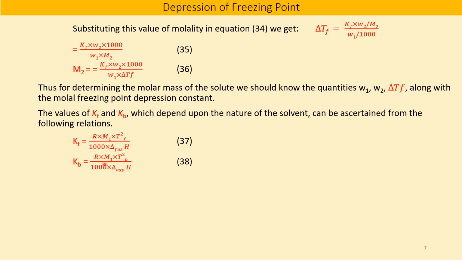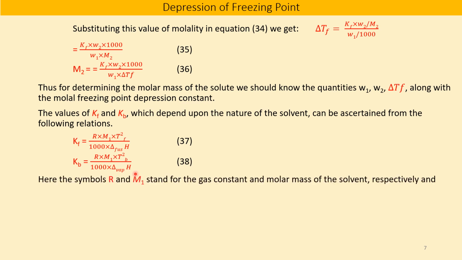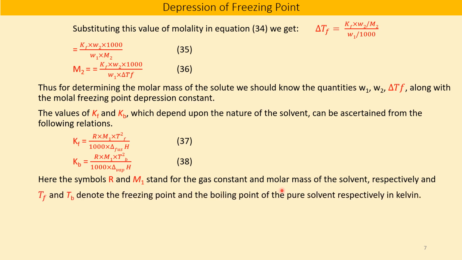Kb = R × M1 × Tb² divided by 1000 × ΔvapH. Here the symbols R and M1 stand for the gas constant and molar mass of the solvent respectively, and Tf and Tb denote the freezing and boiling point of the pure solvent respectively in Kelvin.